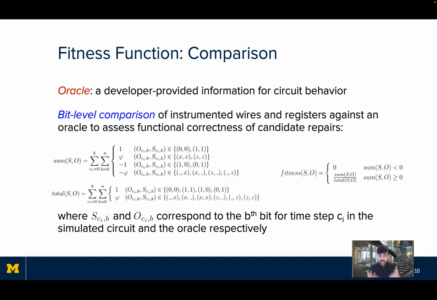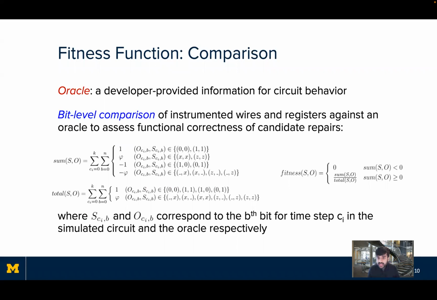As such, we have the CirFix fitness function perform a bit-level comparison of the recorded output against some developer-provided oracle to sum up the level of bit matching between the simulation output and the oracle. The slide shows the formula for how such a fitness function and the total possible fitness could be computed, focusing on the fitness sum alone.